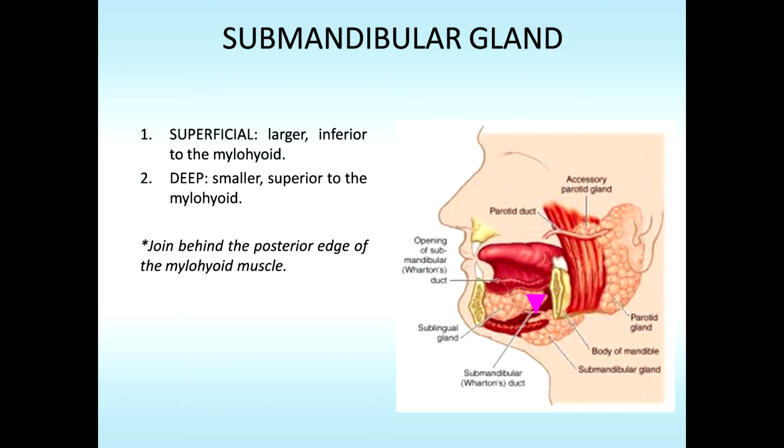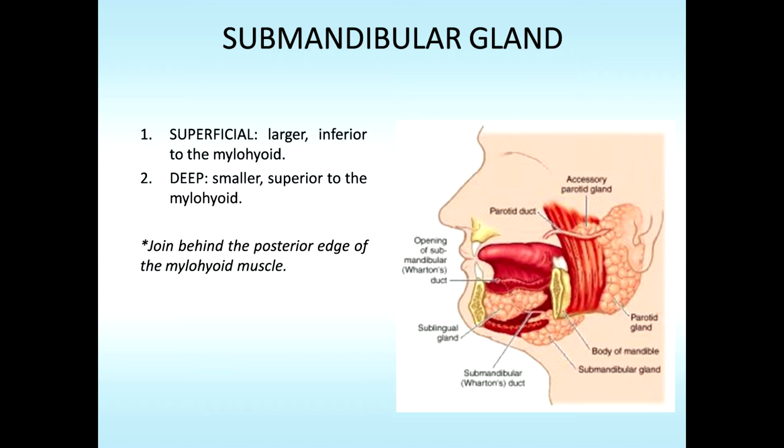Once in the hiatus, it goes in an anterior direction, above the mylohyoid muscles, and lateral to the hyoglossus muscle. Its most extreme anterior part can contact the posterior border of the sublingual gland.